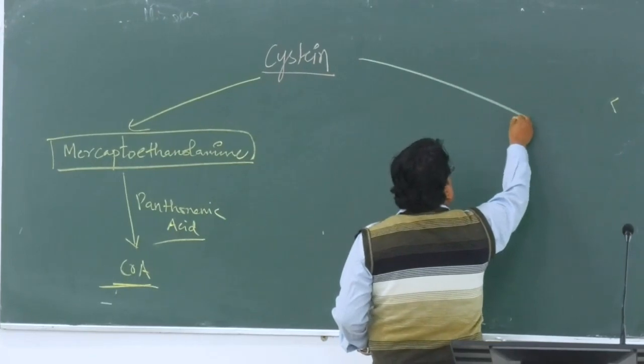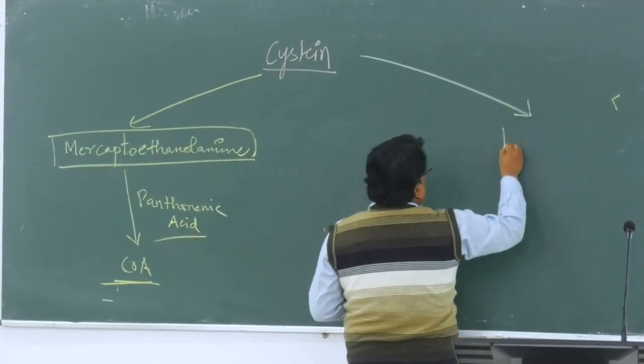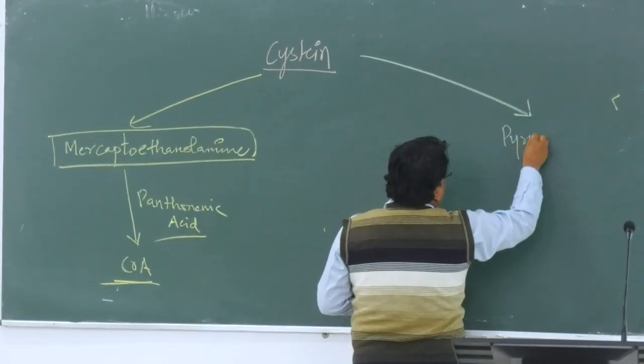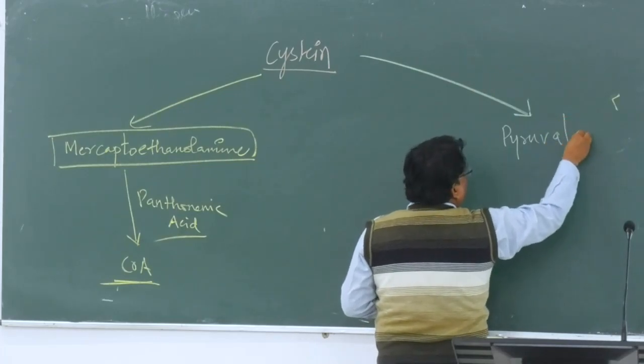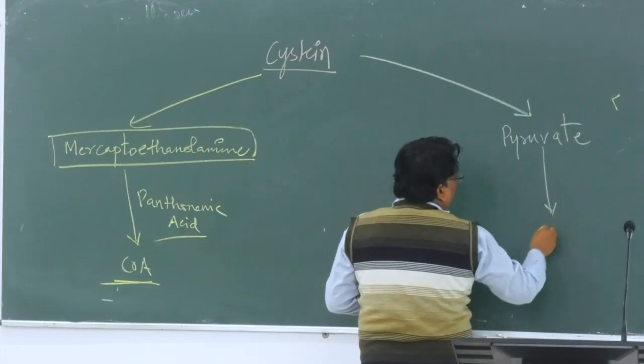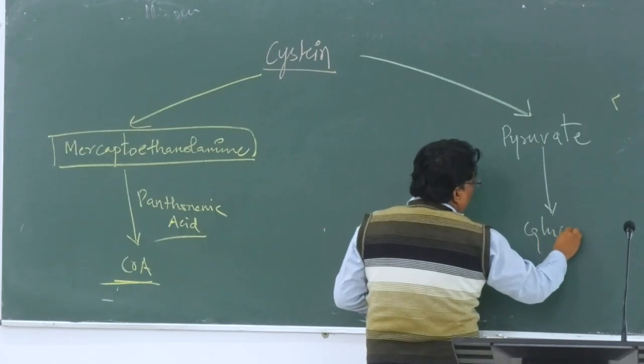And the other one is formation of pyruvate, and this pyruvate directly forms glucose.